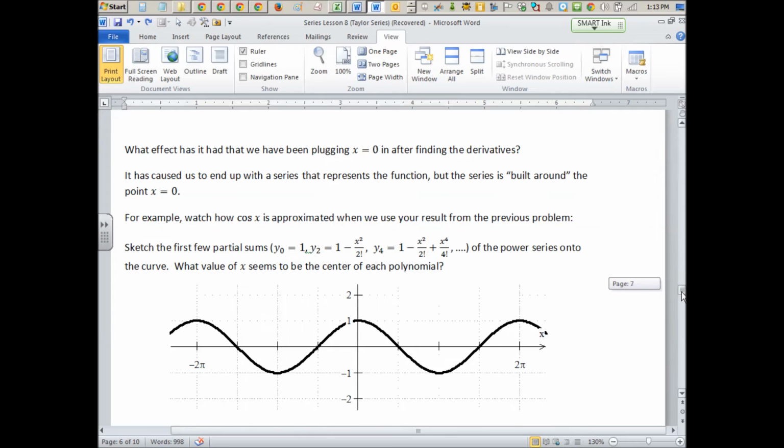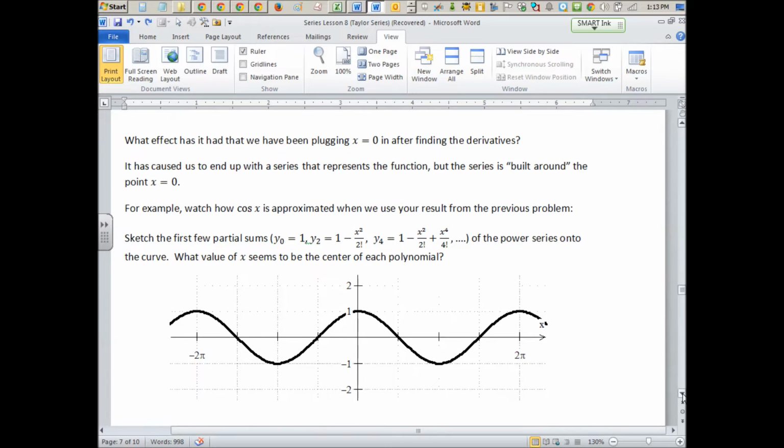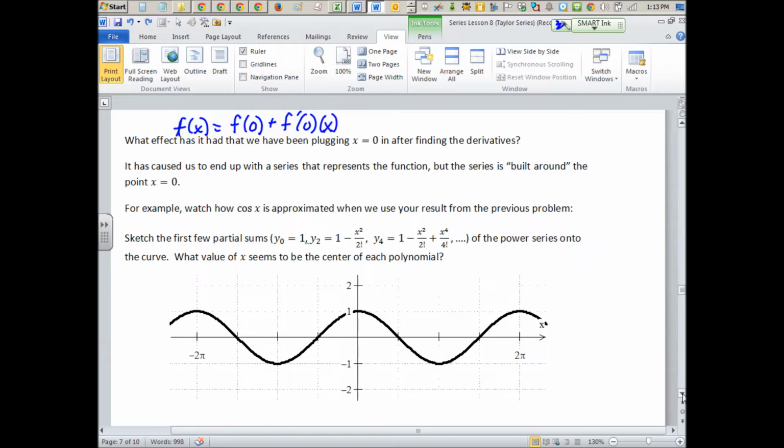Okay. You'll notice, though, that when we did our series so far, I was telling you that a series can replace a function, but it works like this: f of 0 plus f prime at 0 times x plus f double prime at 0 over 2 factorial x squared plus f triple prime at 0 over 3 factorial x cubed, etc. Right?